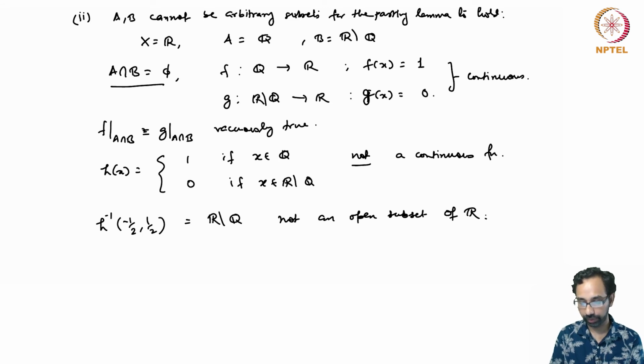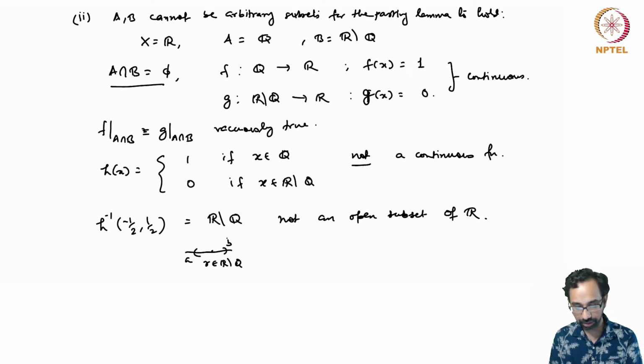not an open subset of R. Why? Because if you take any irrational point, let's say r in R minus Q, then any basic neighborhood (a, b) containing this irrational point will have rational numbers.